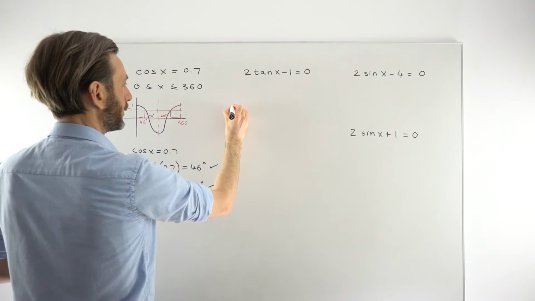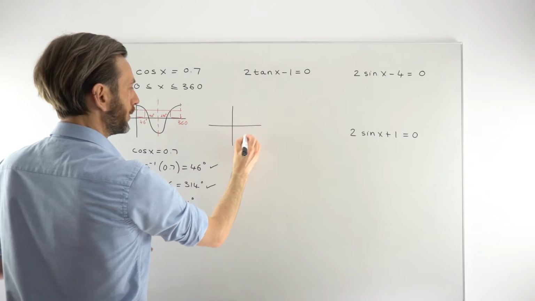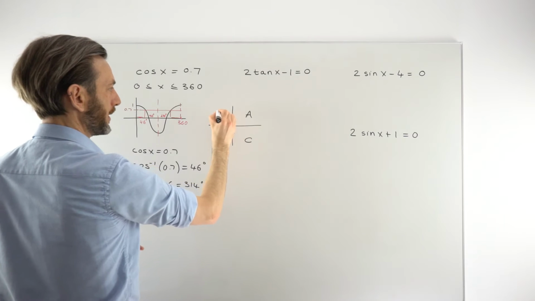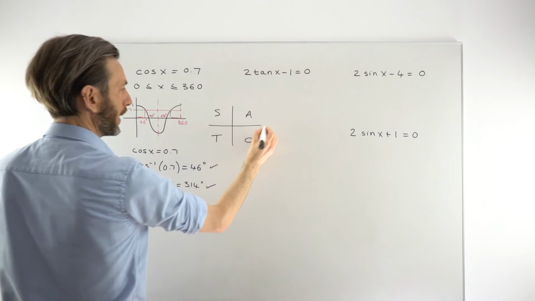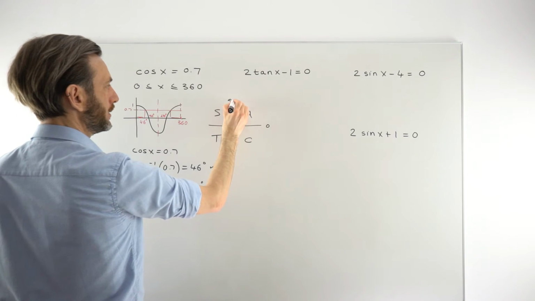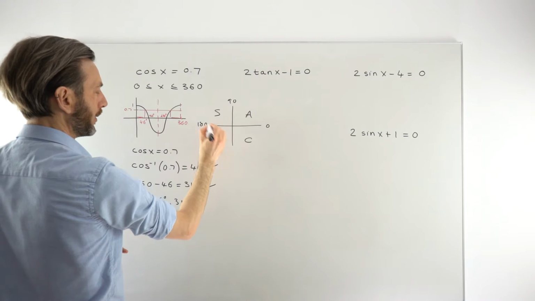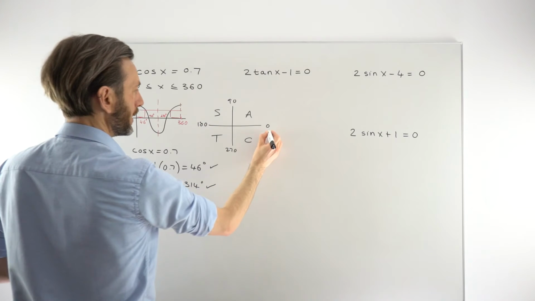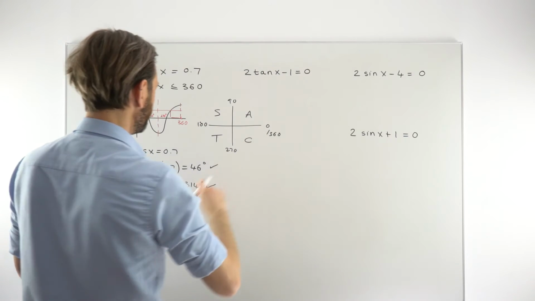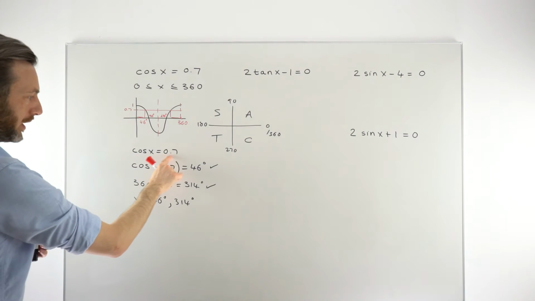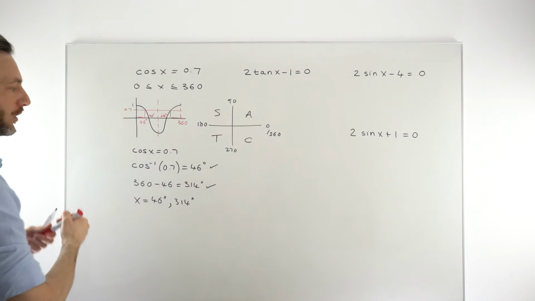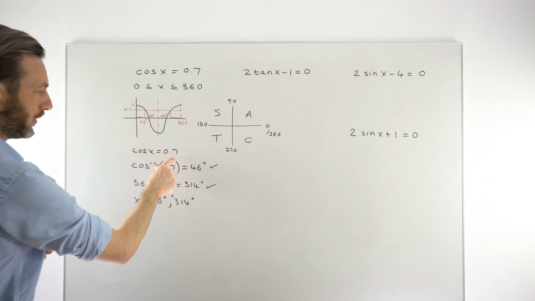The same thing on the cast method would be, and again, if you're not sure what the cast method is, you'll need to check that out in another class and then come back in here. So if we label up a cast diagram, the way that we would work with it, once we get our equation rearranged, this one was already rearranged, we say, right, this is a positive value.